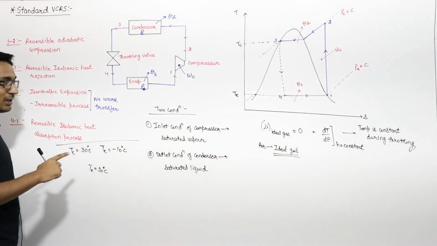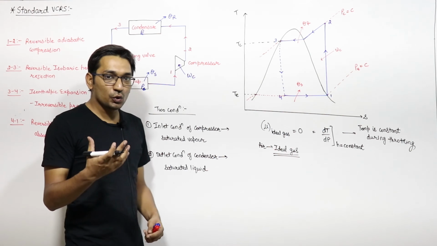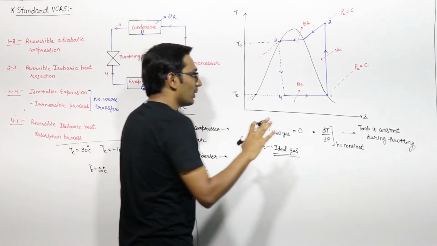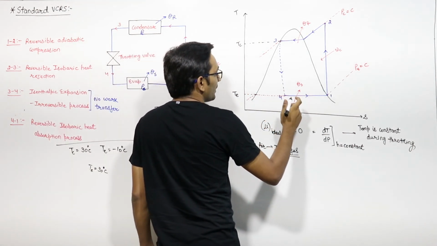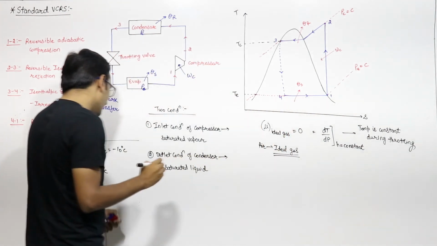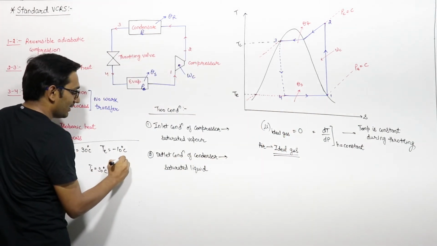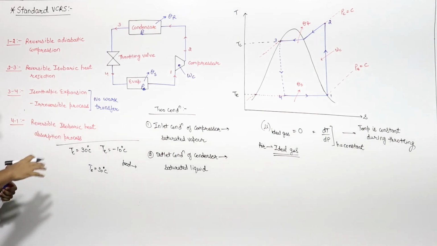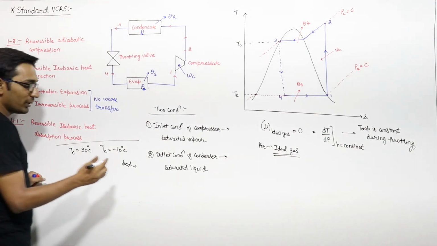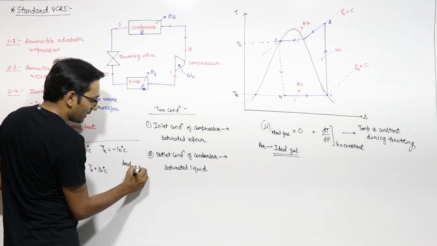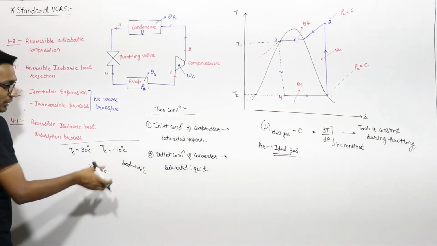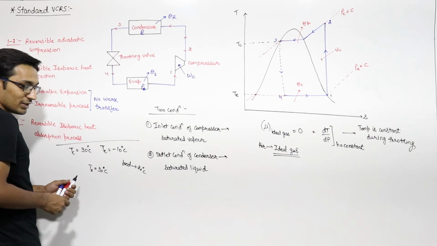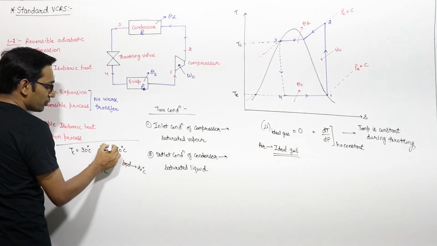And now we have to take heat from the evaporator. Suppose the evaporator temperature is minus 10 degrees Celsius, and the food which you want to cool down, which you want to maintain at a temperature lower than the surroundings, is at, let us say, 20 degrees Celsius. Because of this temperature difference, the heat is transferring from the food to the evaporator.